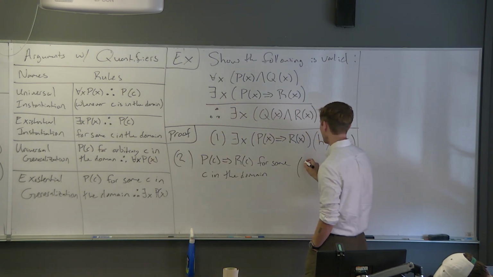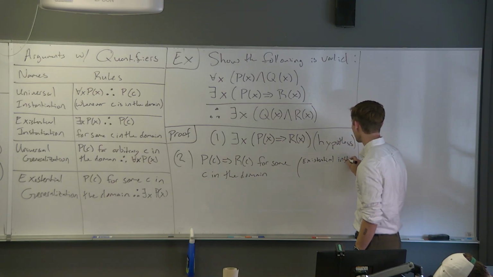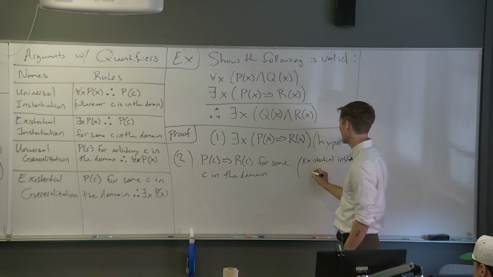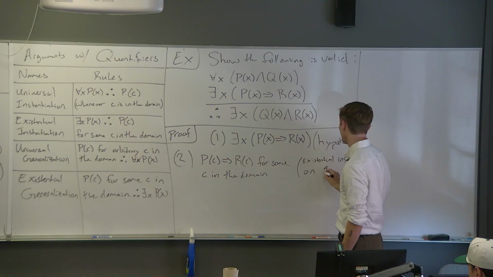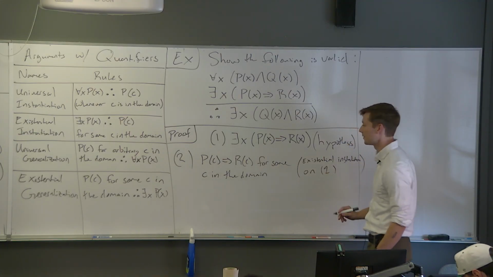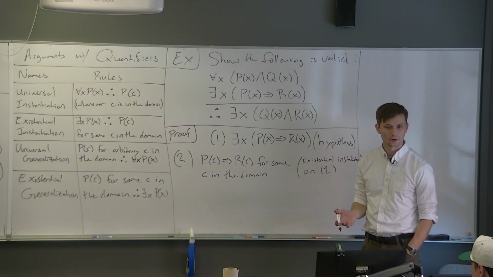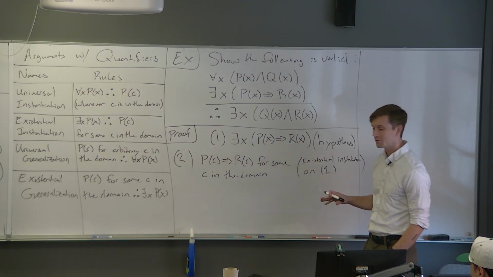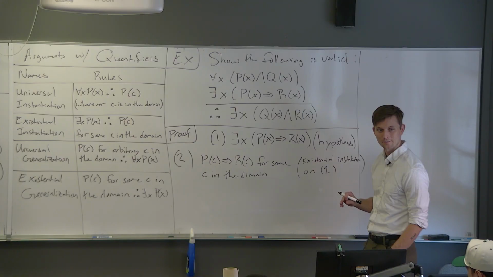This is existential instantiation on 1. Okay. Reasonable? So we get p of c implies r of c is true for some c.